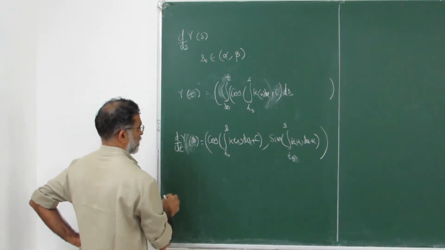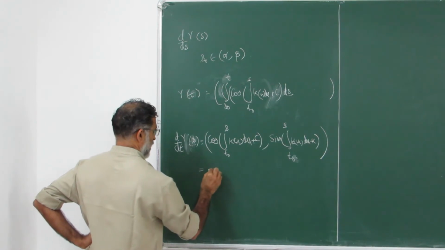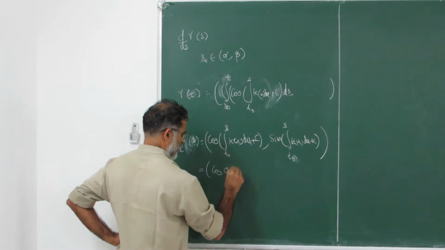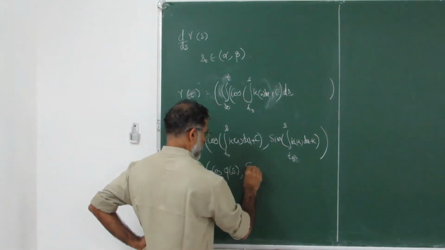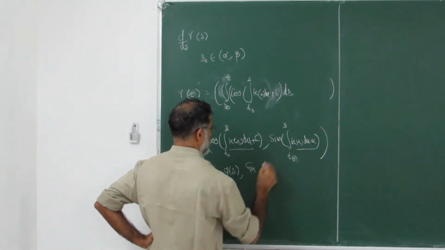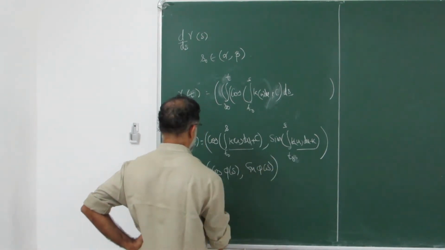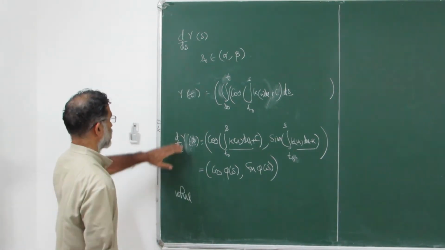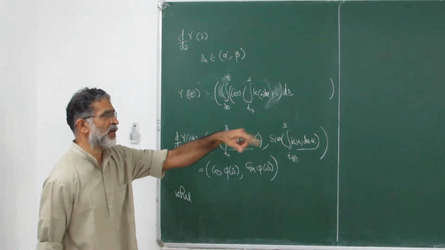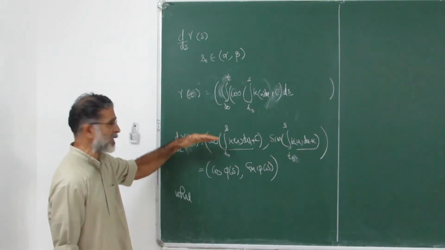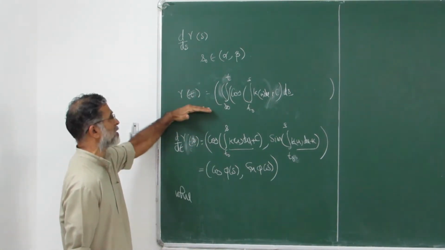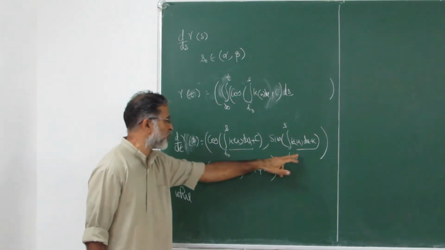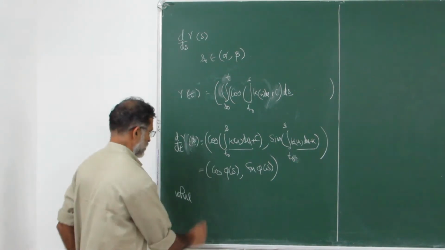Now we know that this can be written as cosine of some function, denoted phi(s), sine phi(s), where phi(s) is the integral from t0 to s of k(u) du plus c. I'm just going backward, this is the proof. So you define gamma like this, we invented the proof. Now in a book or in a standard form, you write this expression, take this as gamma. So d by dt of gamma is this expression.